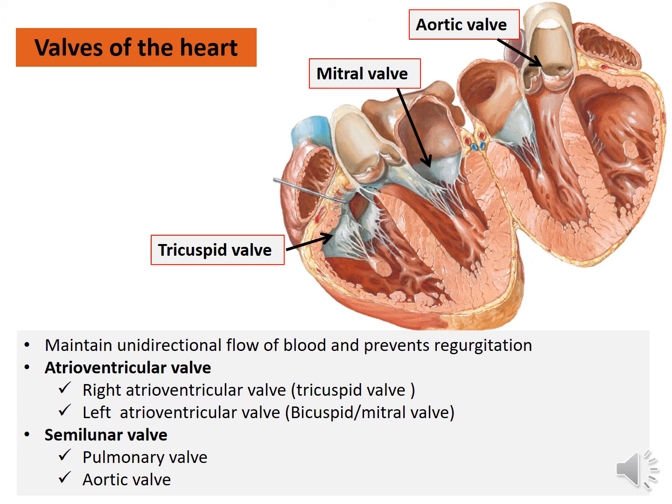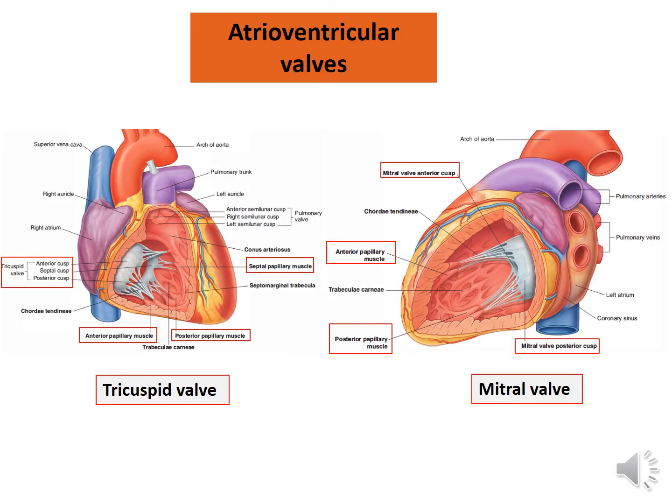You can appreciate from the pictures. Here you can see the tricuspid valve, which is connected to the papillary muscles by the chordae tendineae. Here you can see the mitral valve, which is connected to the 2 papillary muscles in the left ventricle.